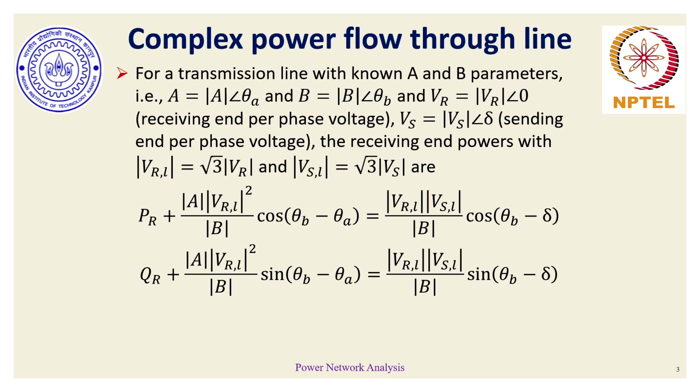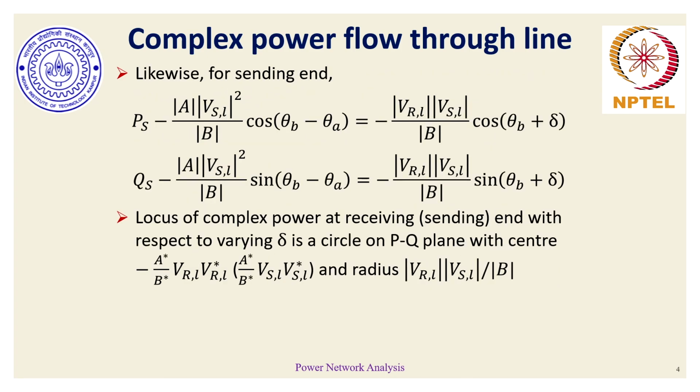We observed that for a transmission line with known A and B parameters, with the receiving end voltage phasor as reference and the sending end voltage leading with a phase angle difference delta, the receiving end real and reactive power, and similarly the sending end real and reactive power, have these expressions.